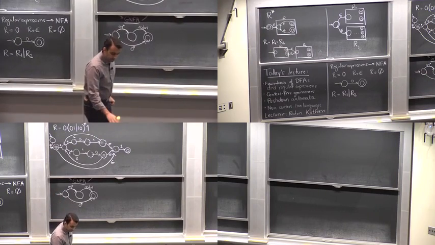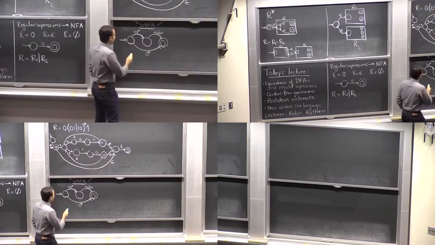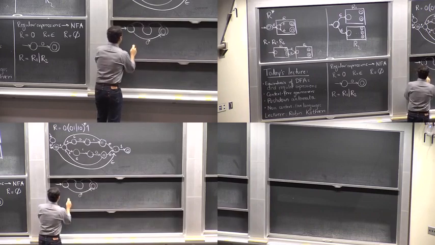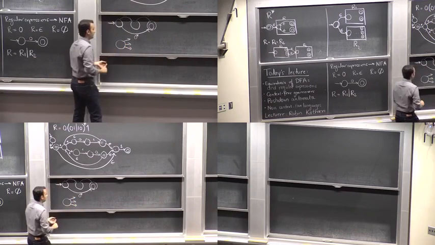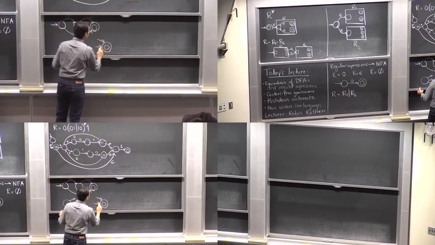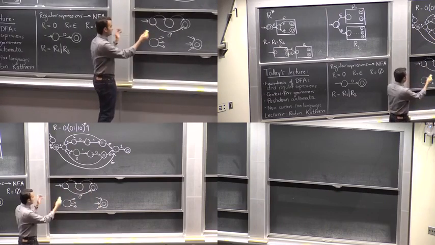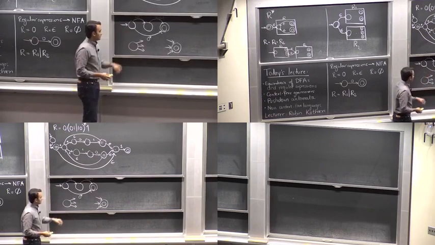We also insist that there are no incoming edges to the start state. So the start state must look like this. It must have arrows going out only, no incoming arrows. And the accept state must only have incoming arrows and no outgoing arrows. So we're going to impose these two things, but these things are easy to do. You just add an extra start state, add an extra accept state, and ensure that it has this property.